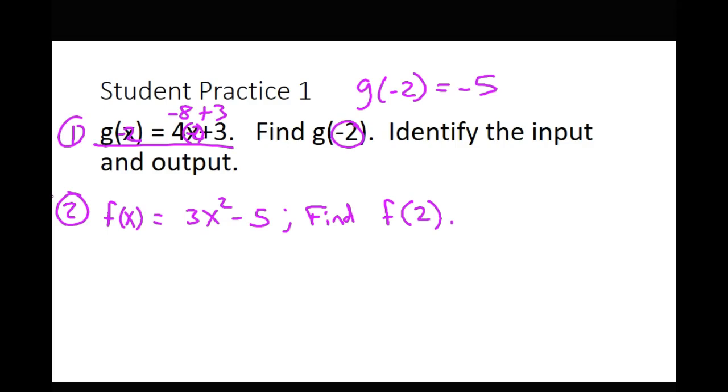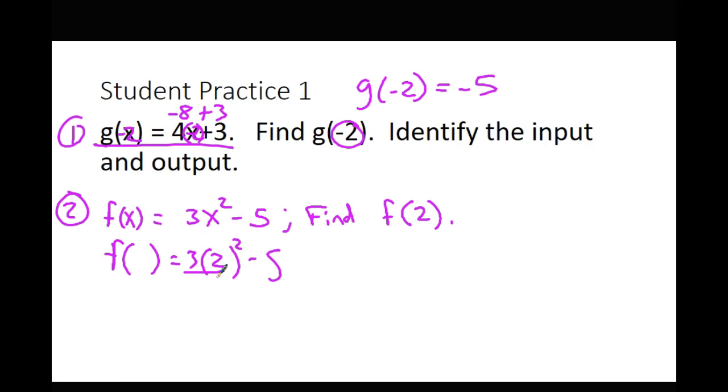+7 is good. Now, if you got 36, if you got 31, you fell into the trap I wanted you to fall into. So watch, I'll show you. So for this problem, what are we plugging in for x? 2. Now the trap that we fall into here is that a lot of people want to multiply these first, and they get 6, and then they square it, and then we get 36, right?